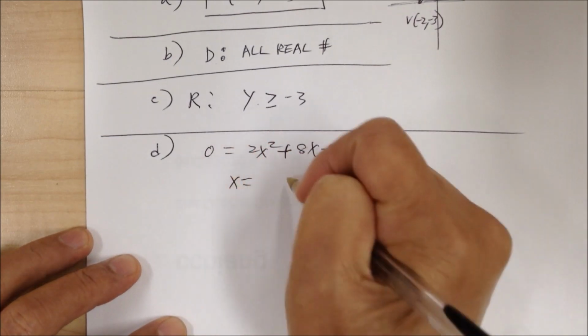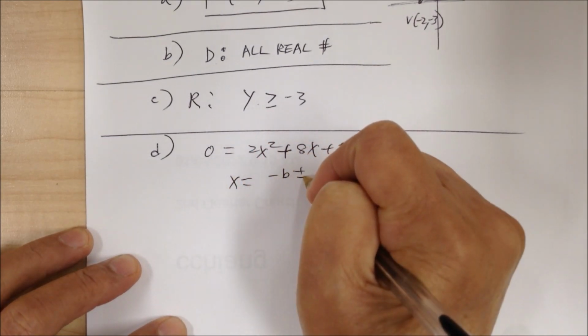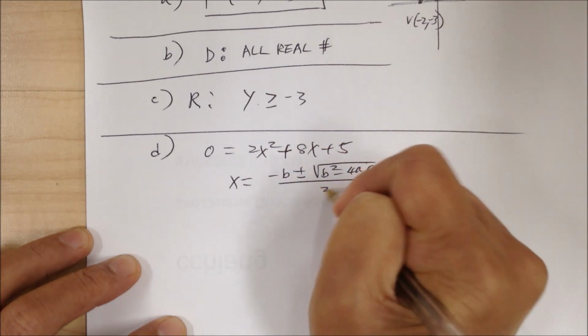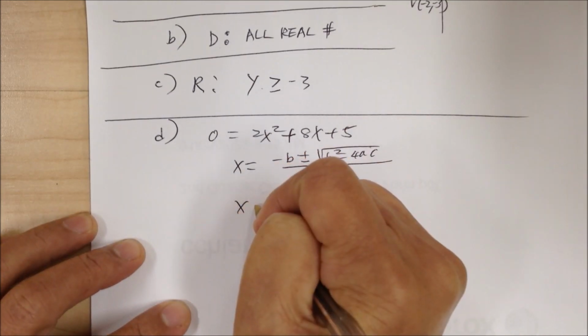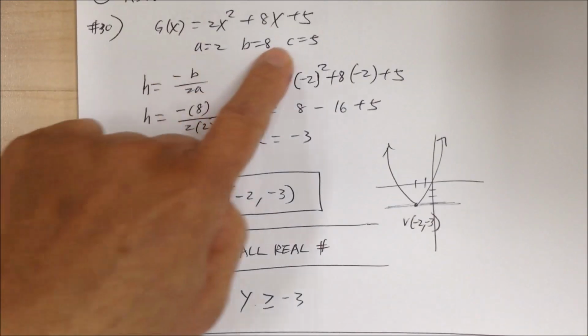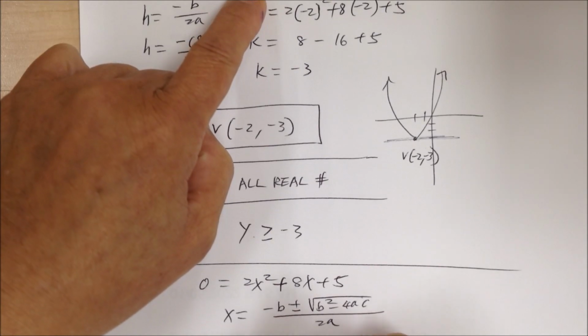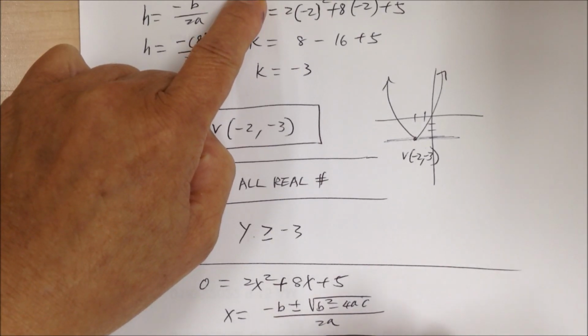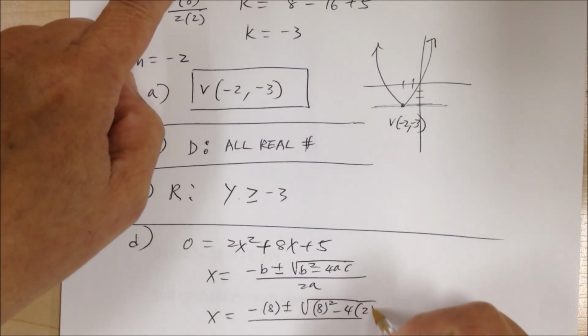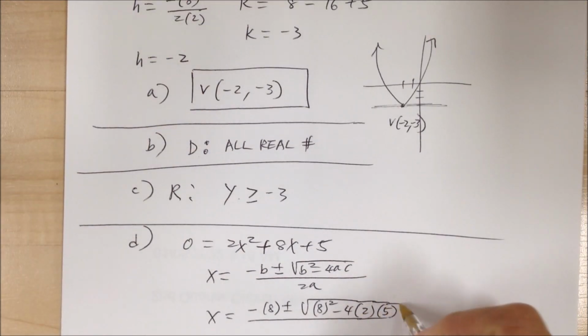So you get x equals negative b plus or minus the square root of b squared minus 4ac, over 2a. So x would be equal to negative, and the b, again, you got a, b, c from here, right? So b equals 8, plus or minus the square root of 8 squared minus 4ac over 2a.